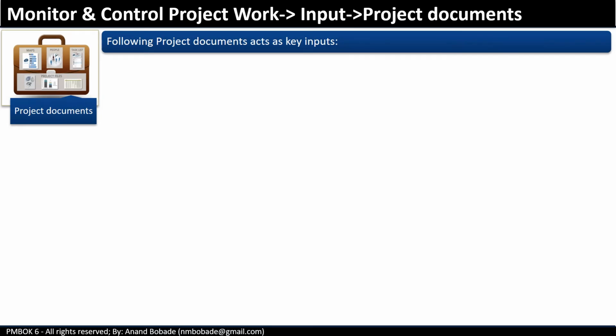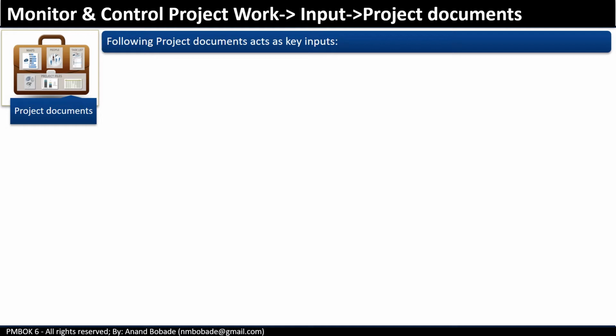Project documents. We need information from project documents to integrate and contextualize work performance information, which will be shared as work performance reports. Remember, through the direct and manage project work process, a lot of work performance data gets generated. Now this data gets stored in different places, maybe risk-related data in the risk register and so on.